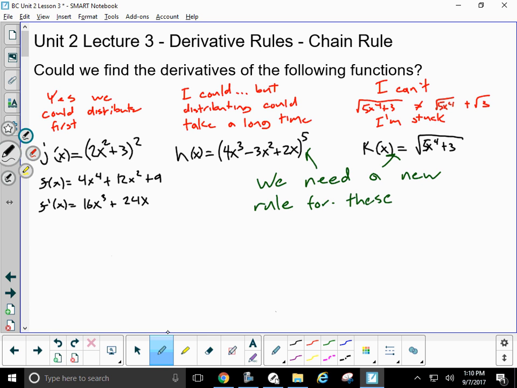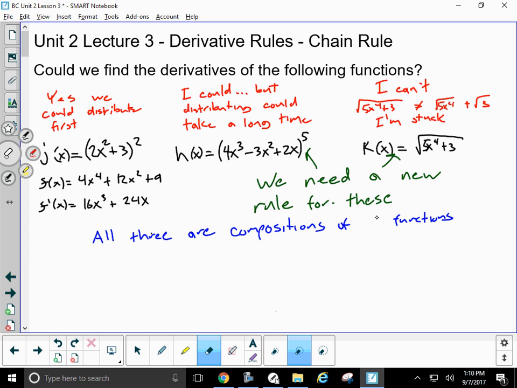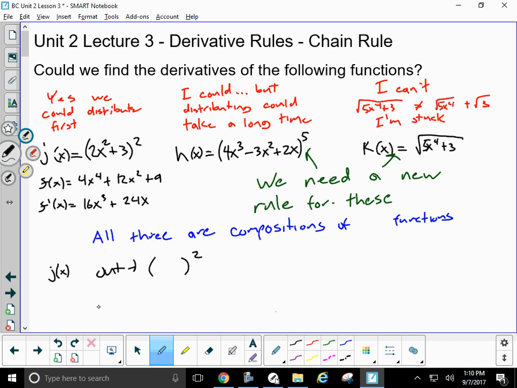Now the key to all of these functions is that they are all compositions of functions. I don't want to just say two functions. We'll say they're compositions of functions. What do I mean by a composition? We have like a function on the inside and a function on the outside. Like j of x has an outside function, which is like these parentheses squared.